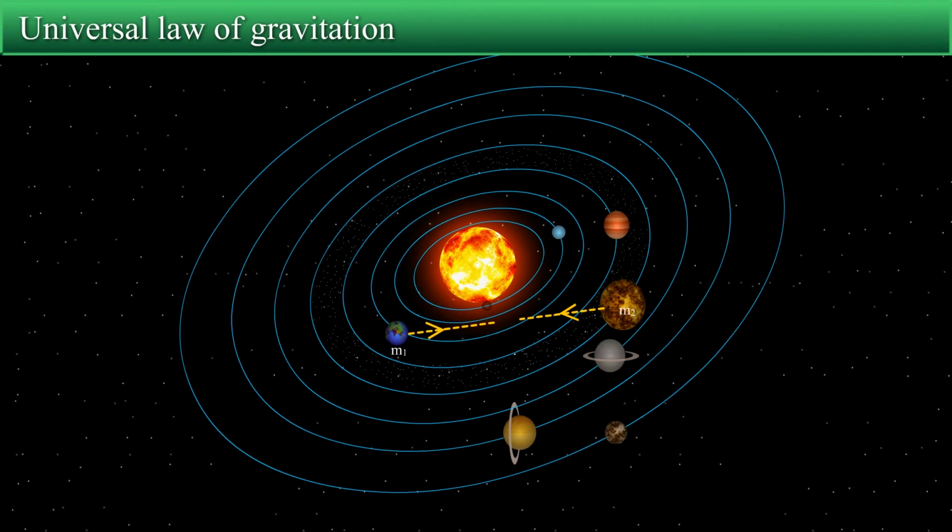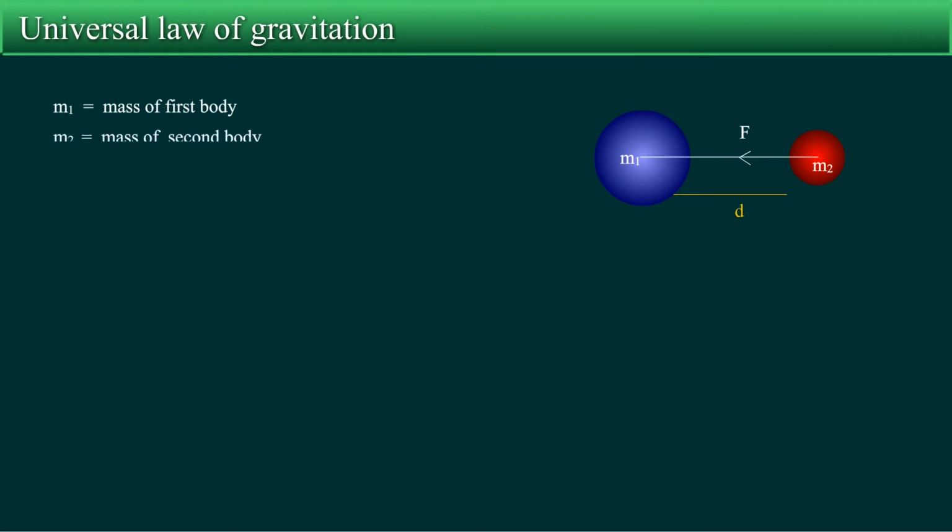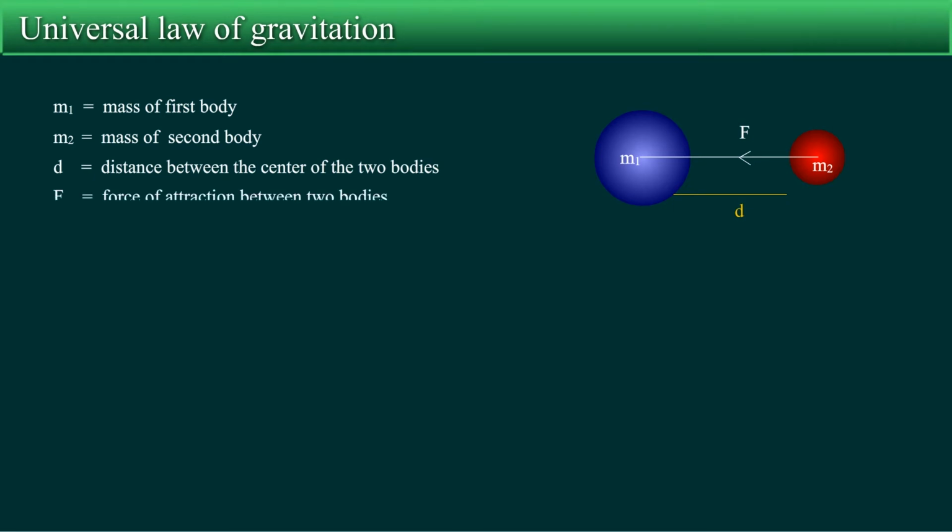To derive the expression for the universal law of gravitation, let us consider two objects, A and B, of masses m1 and m2, which lie at a distance d from each other. Let the force of attraction between the two objects be F.